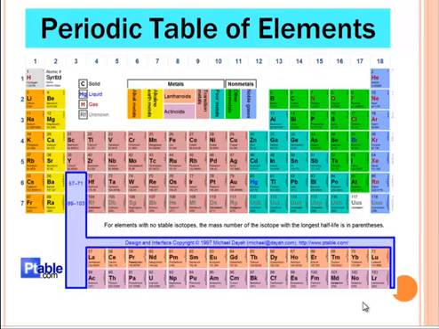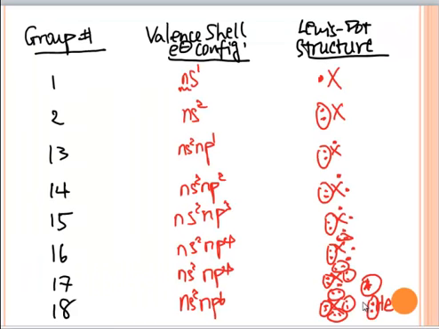The numbers of valence electrons are the same, and the Lewis dot structures are the same. Now you have generic forms that represent the valence shell electron configuration and Lewis dot structure.